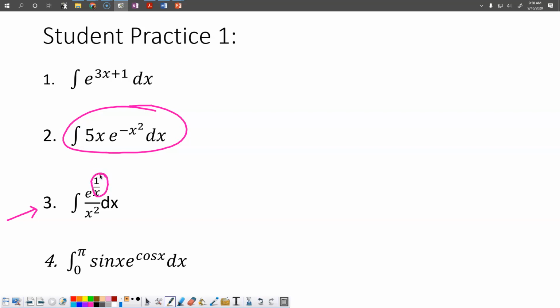So let that equal u. Okay. So I want you guys to do numbers 2 and 3 right now. But on number 2 I want you to figure out what the u is, and for number 3 I'm telling you what the u is just because it looks a little bit weird. Okay, so go ahead and pause the video here, and when you unpause it you'll see the solutions.